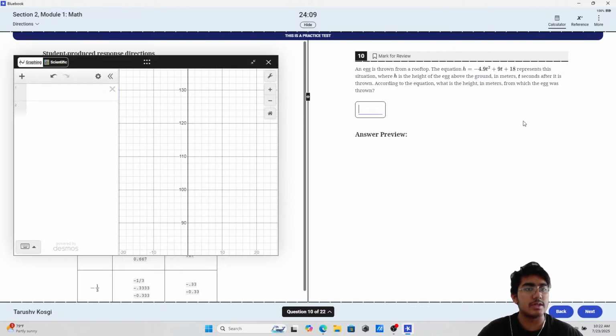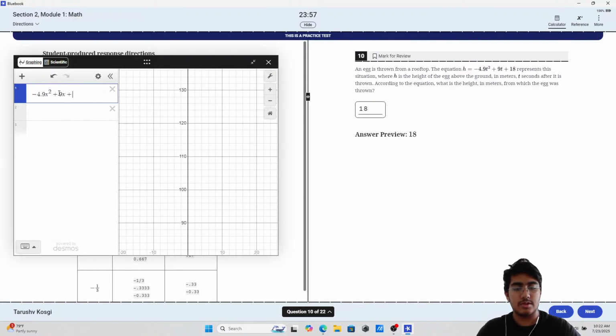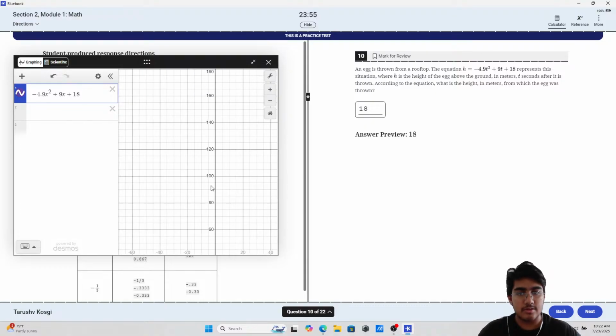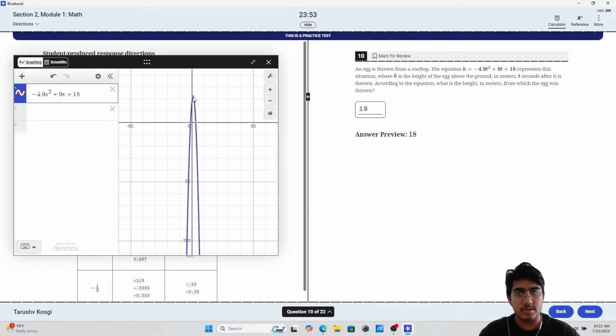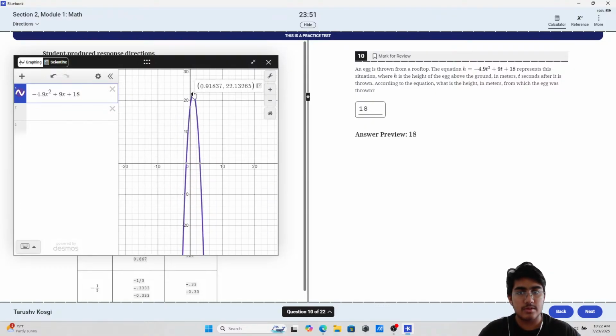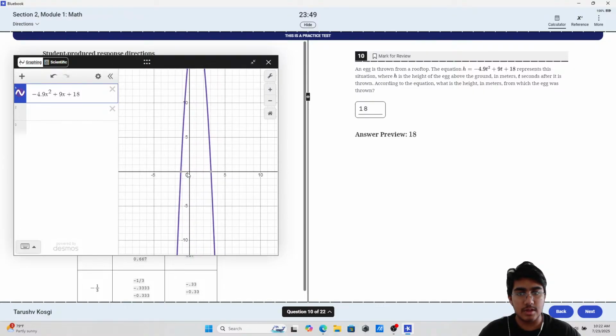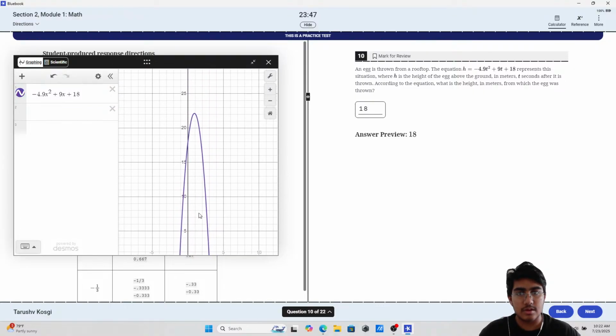18 meters from which the egg was thrown. It's going to be 18 meters, I believe, here. Let's just check it out. T or x squared plus 9x plus 18. And if we go to the part where it's 0, oh, no, that's the peak here. Y-intercept 18, yeah.